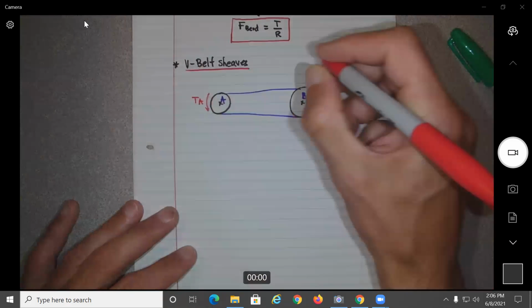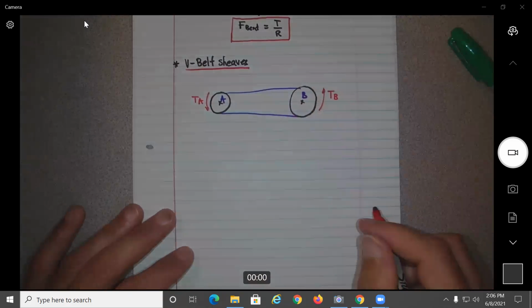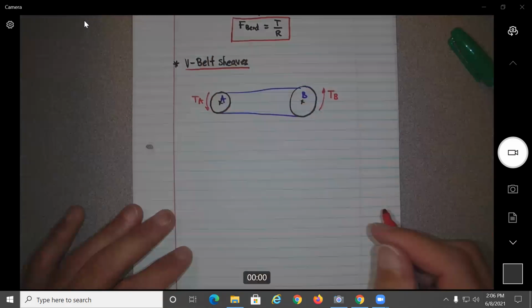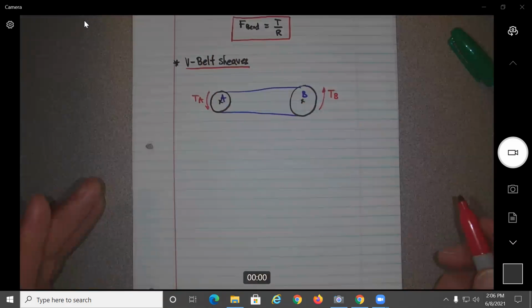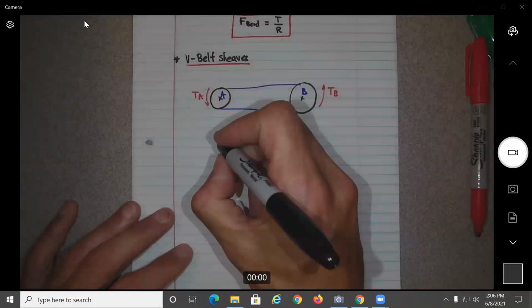T_A, T_B. But this time I'm going to have to redo another one. I don't want to put too much on each figure.